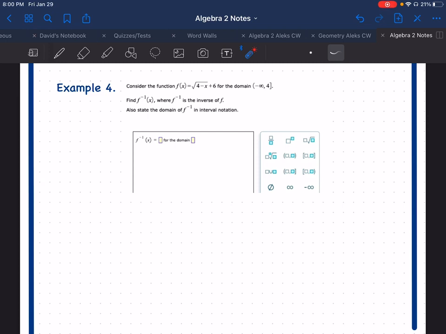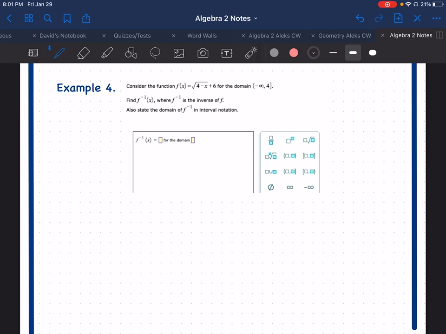Now, as we learned in the first lesson, the inverse of a square root function is going to be a quadratic function. So to find my interval notation for my domain, I'm going to look at my Desmos graph. Okay, so let's start with trying to remember how to do the inverse.